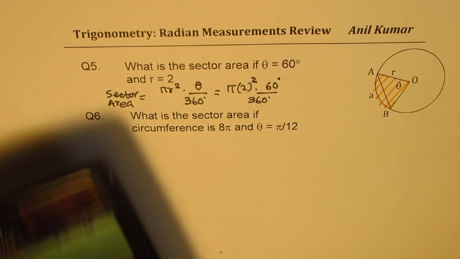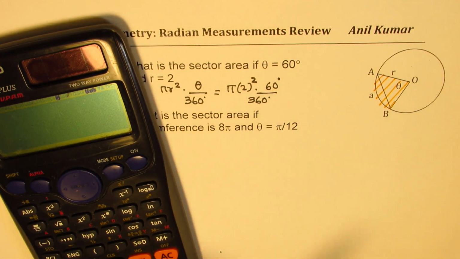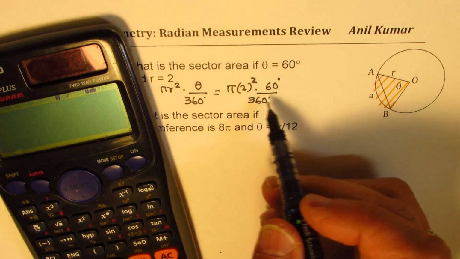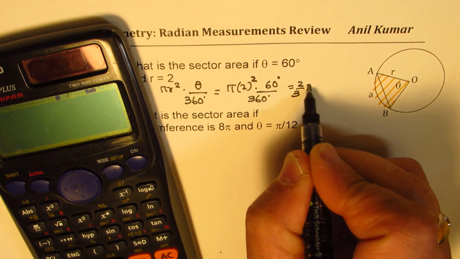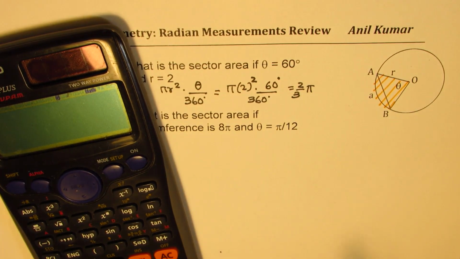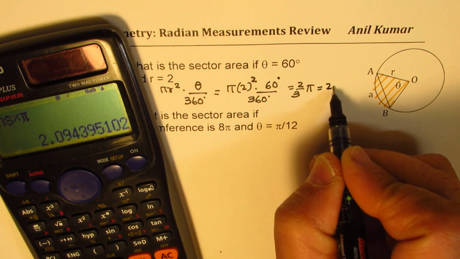Let's calculate this. So 60 divided by 360 is 1 over 6, as you know. So we have 4 over 6 or 2 over 3 pi as the exact value. You could also calculate this. So you do 60 divided by 360 times 4 or 2 square times pi, which is 2 over 3 pi, and in decimals it is approximately equal to 2.1.